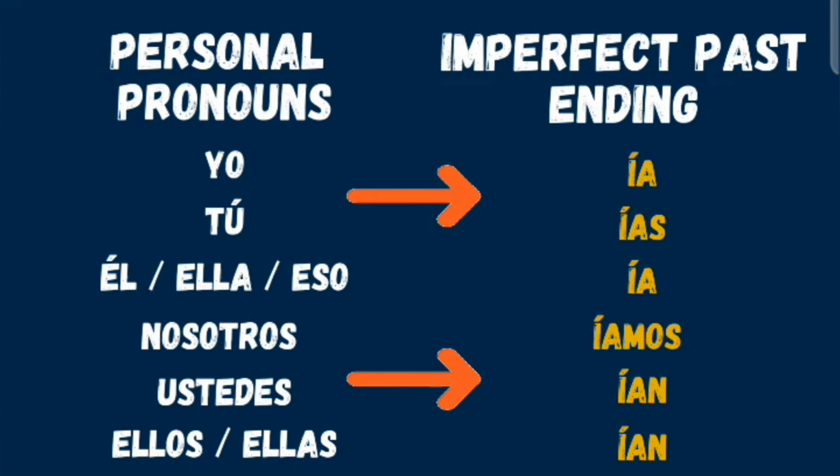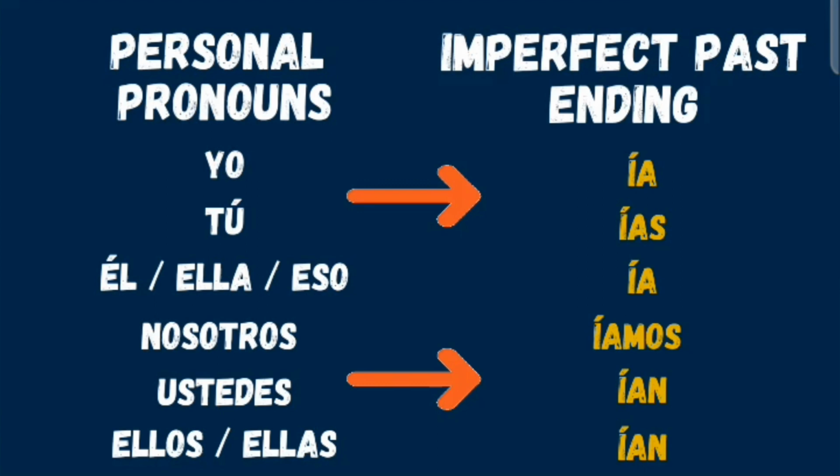So, for example, if you have the personal pronoun yo, I, then the ending of your verb has to end with letter I with an accent, ía. That would be the ending of your verb for the personal pronoun yo in the imperfect past.